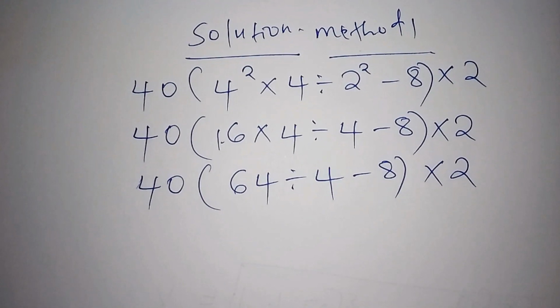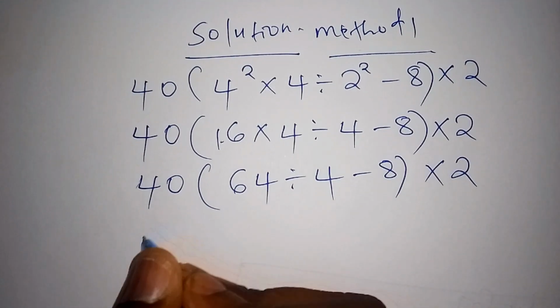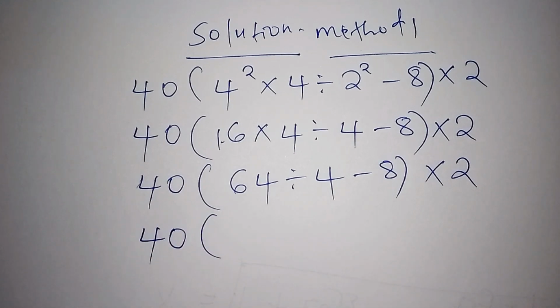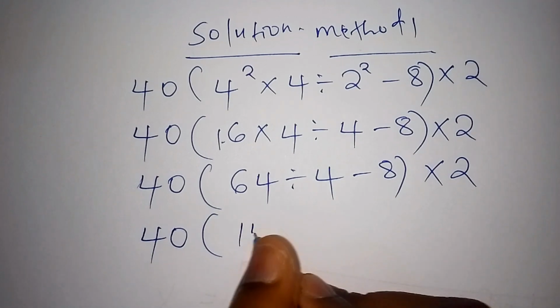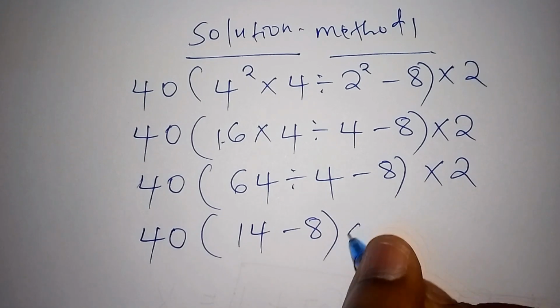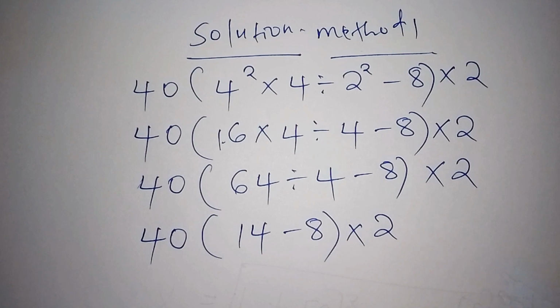Now 64 divided by 4, our answer will be 16. So this one is 16, then 16 minus 8, close the bracket, times 2.